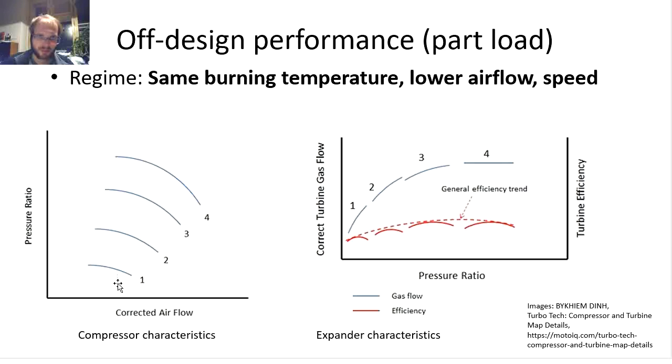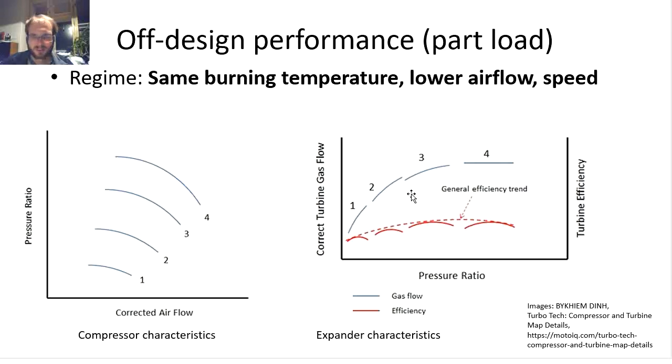We can see that, for example, between speeds number 4 and 3, if we have the same airflow rate, increasing the speed means increasing the pressure ratio, or if we kept the same pressure ratio at the compressor outlet, we would get a higher mass flow rate.